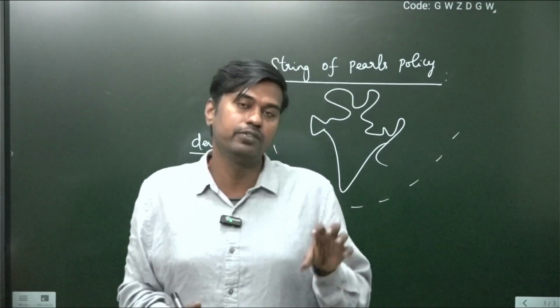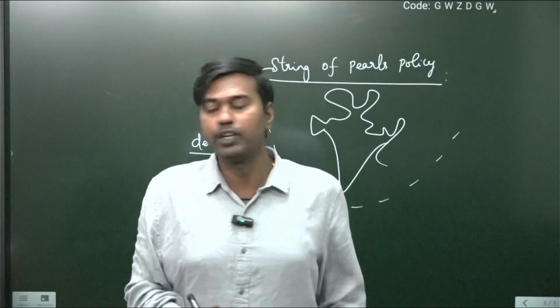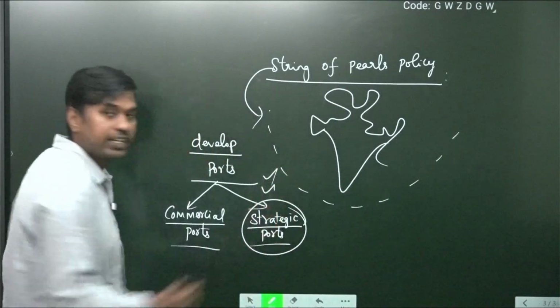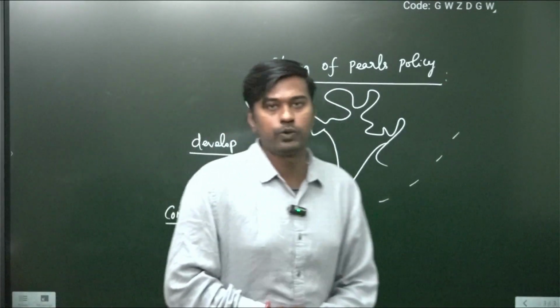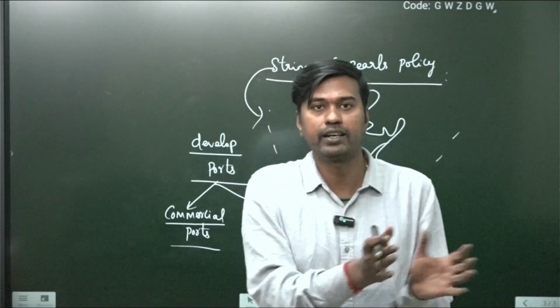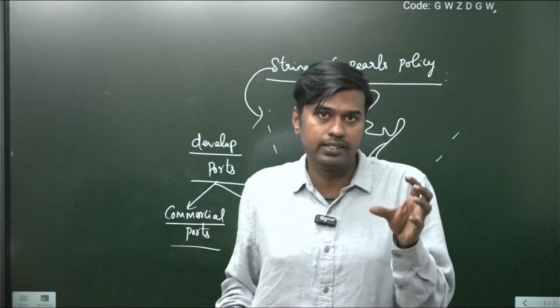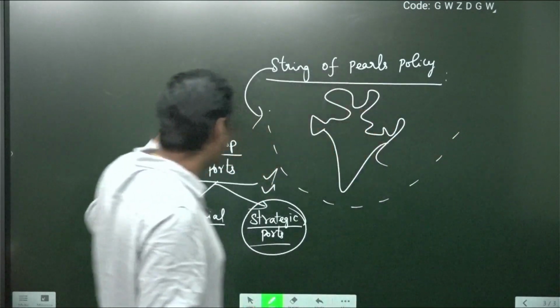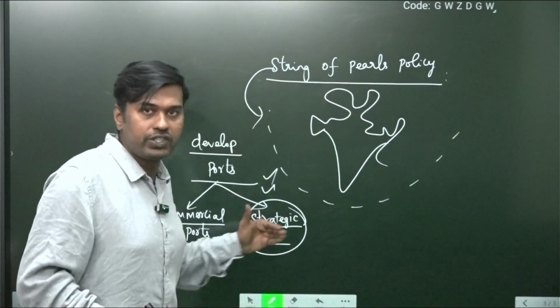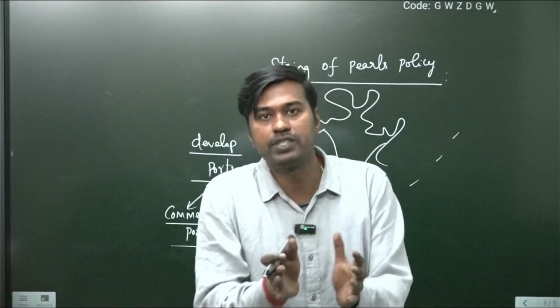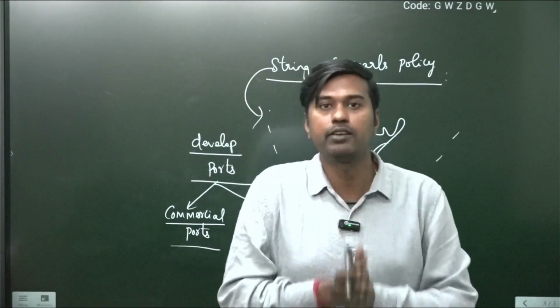This is very sensitive with respect to India, because the development of these strategic ports will affect the maritime security of the Indian Ocean region, and it will have a greater impact on India also. So we will try to discuss that. This particular policy, where China develops a series of commercial and strategic ports to track and control the movement of ships in the Indian Ocean region, is referred to as the string of pearls policy.